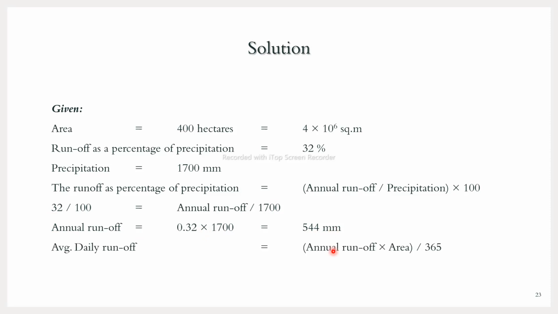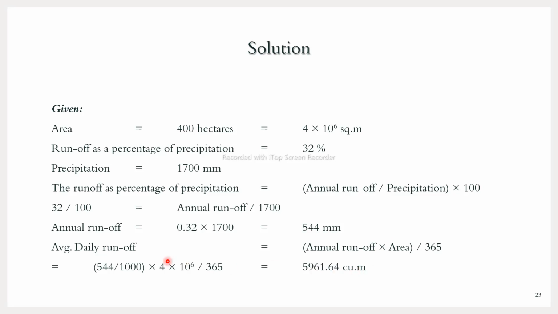So average daily runoff equals annual runoff into surface area of the catchment divided by 365. Now here we are converting the unit from millimeter to a volumetric unit by multiplying it with the catchment area. So here you can see the utilization of the area of the catchment.